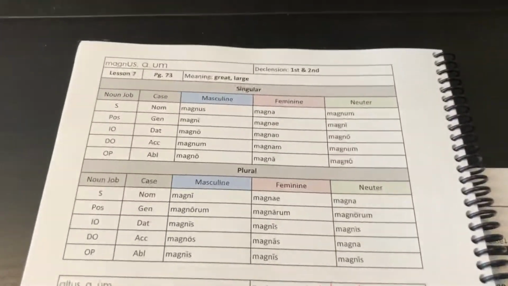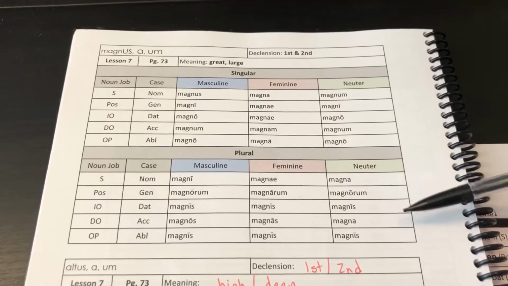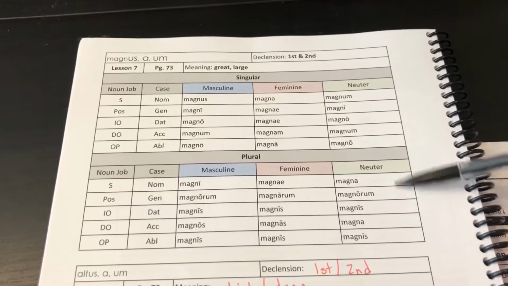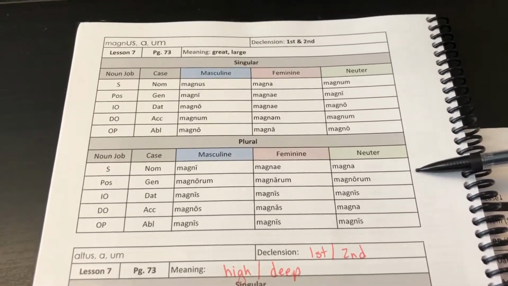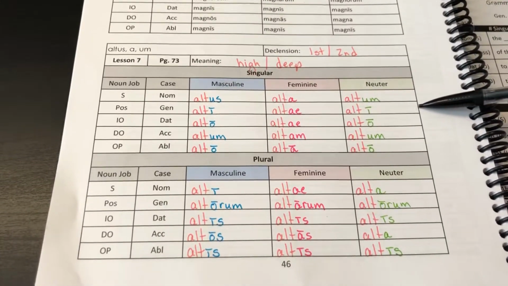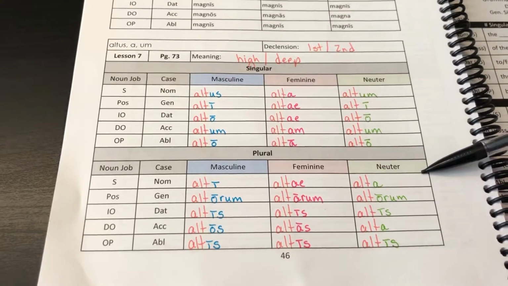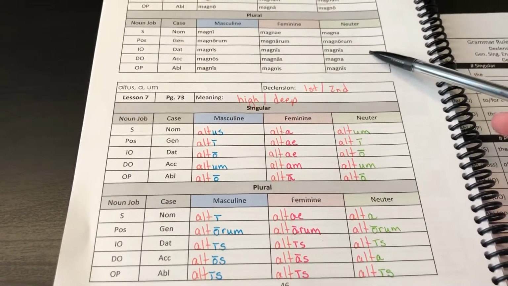At the top part of this page, I have basically it's from Rule 72 in the grammar book. It has the masculine, feminine, neuter endings for this particular adjective. So I let them just on their own work on seeing if they could decline this adjective following the model of that one.